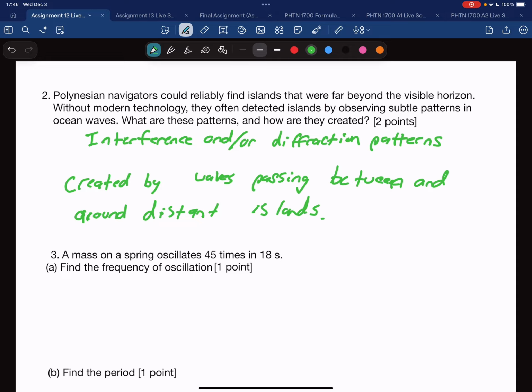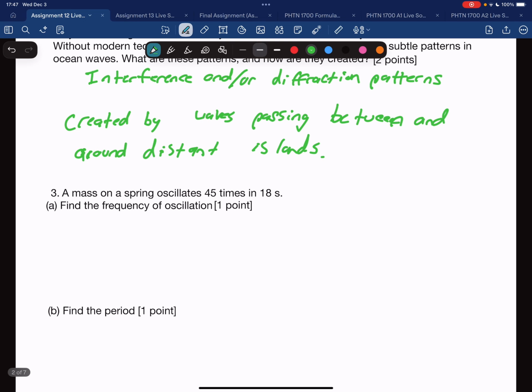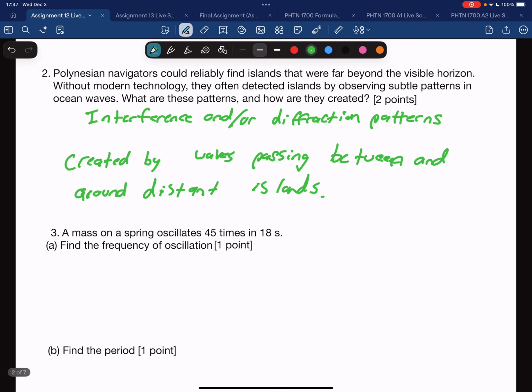So as a wave passes an island or passes between two islands, or if it passes by multiple islands, it will interfere and diffract with itself, creating a pattern of waves on the surface that the Polynesian navigators learned to use to identify the location of islands that they couldn't see.